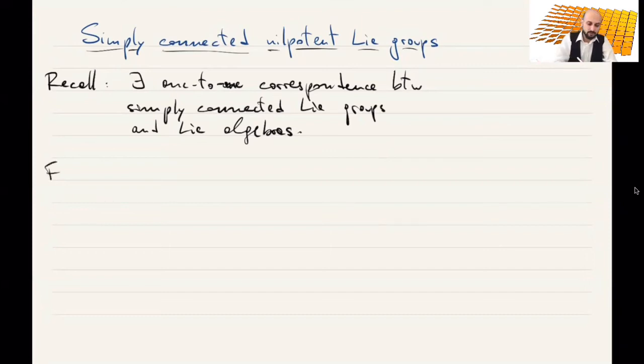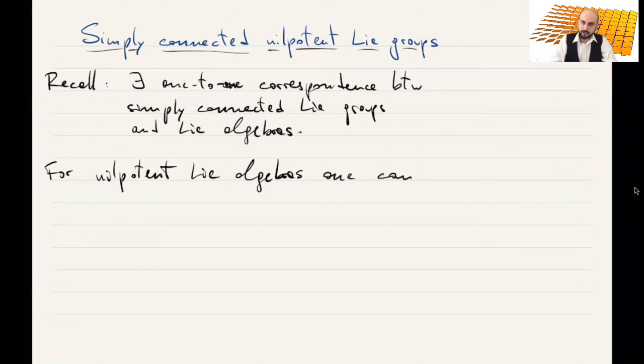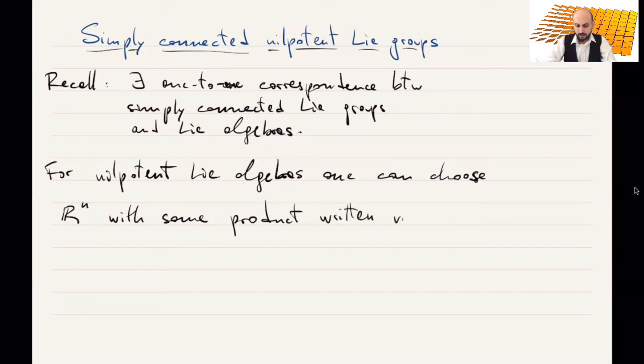So for nilpotent Lie algebras, one can actually choose, and now we are going to explain why we can choose, as a manifold R^n, but equipped with some product that is written via a polynomial law.